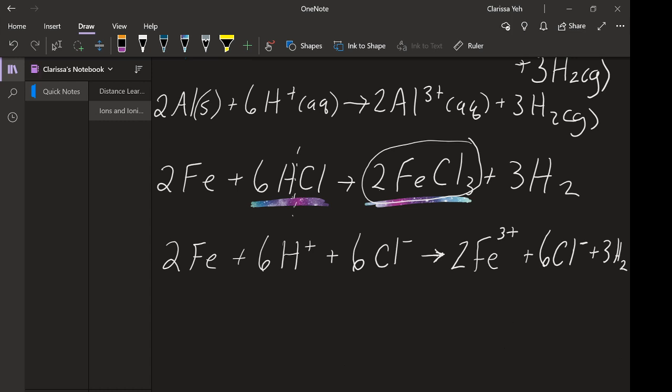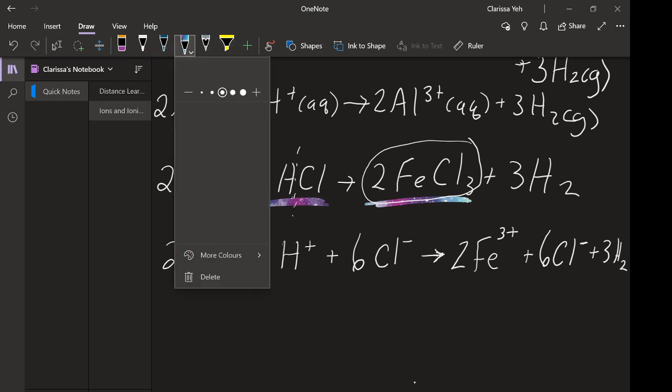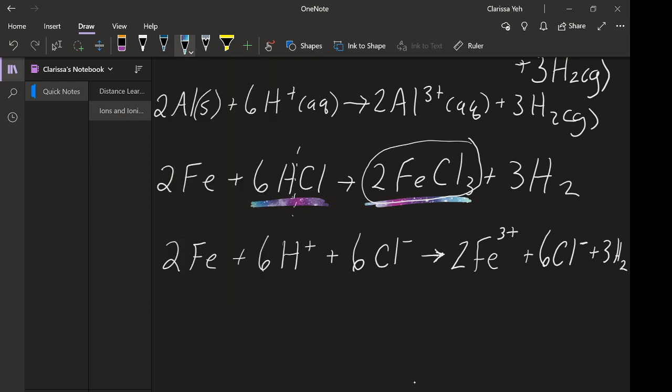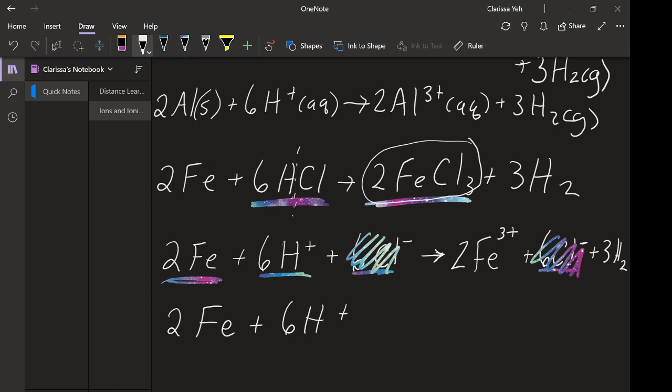Okay, now looking for what can cancel. Fe, there's no just Fe on the right hand side. H, there's no just H on the right hand side. 6 chlorines, I have 6 chlorines here. They can go. And then I just write the rest out.